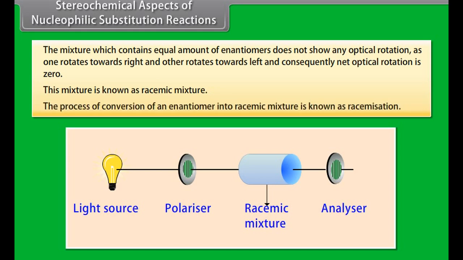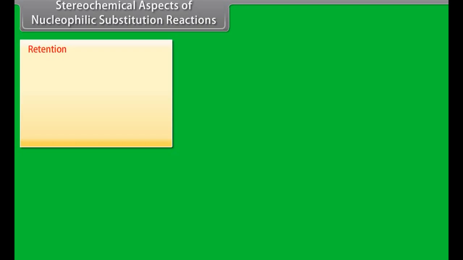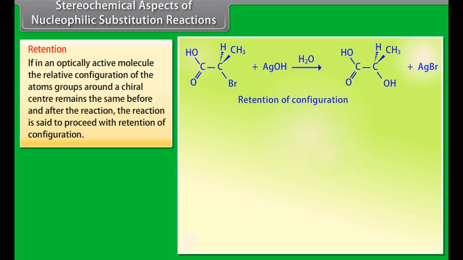The process of conversion of an enantiomer into racemic mixture is known as racemization. Stereochemical aspects of nucleophilic substitution reactions. Retention. If in an optically active molecule, the relative configuration of the atoms or groups around a chiral center remains the same before and after the reaction, it is said to proceed with retention of configuration.